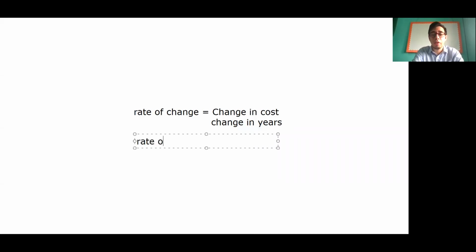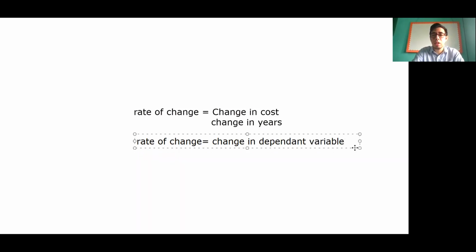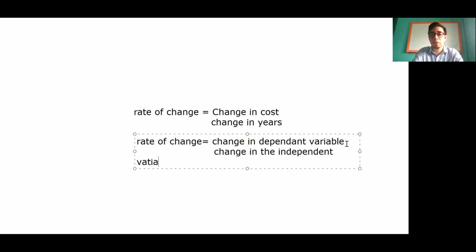The rate of change equals the change in the dependent variable over the change in the independent variable.